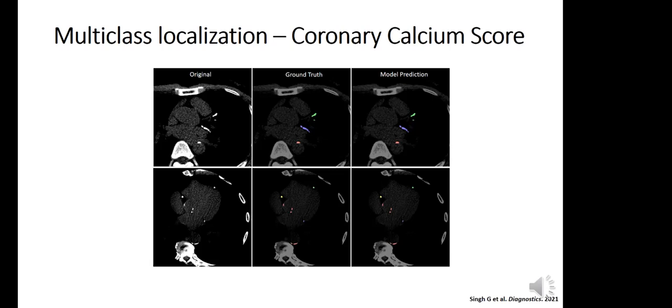The next set of images are the ground truth labels, and the final set of images on the right show the model prediction. And we can notice the perfect overlap between the ground truth and the model prediction. The color corresponds to a specific artery, while pink in this example shows extra cardiac calcium, which is not usually included in the actual calcium score.